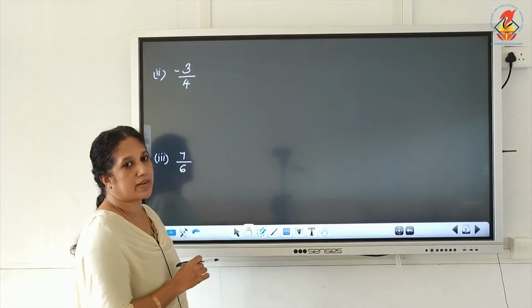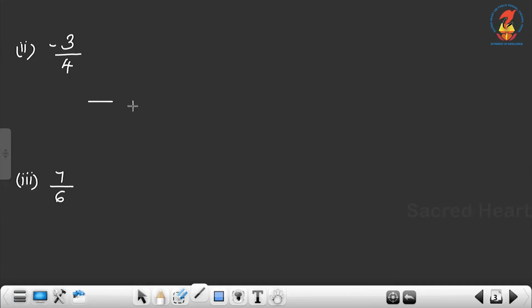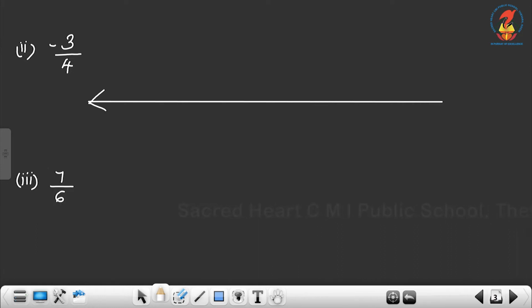Now next one, negative 3 by 4. What type of rational number is this? Negative rational number. First you have to draw the number line. Put the arrow marks. Then first you mark 0. Then it is a negative rational number, therefore you have to mark the points to the left of 0.